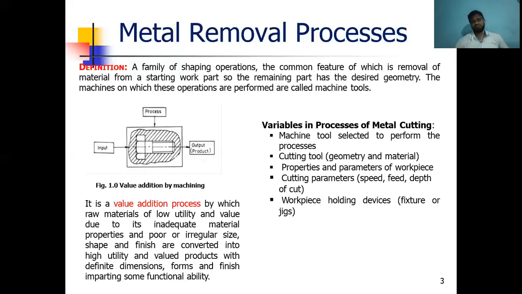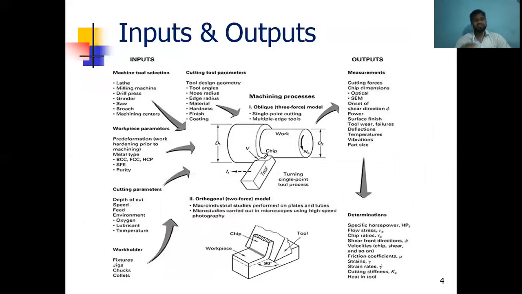We know from previous classes, like machine tools and lathe machines, we generally observe jigs and fixtures in our colleges. These are the fundamental needs to know the basics of metal cutting.